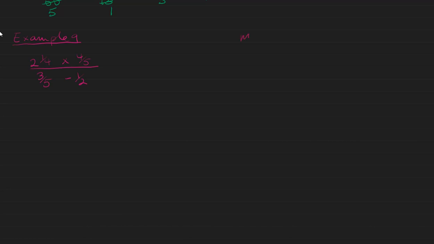So the mixed number fraction is 2 1/4, and to convert it to an improper fraction, we simply reverse what we did before. We multiply the whole number by the denominator, and then add the numerator. So 4 twos are 8 plus 1 is 9, and then we'll put it over the denominator, which is 4.